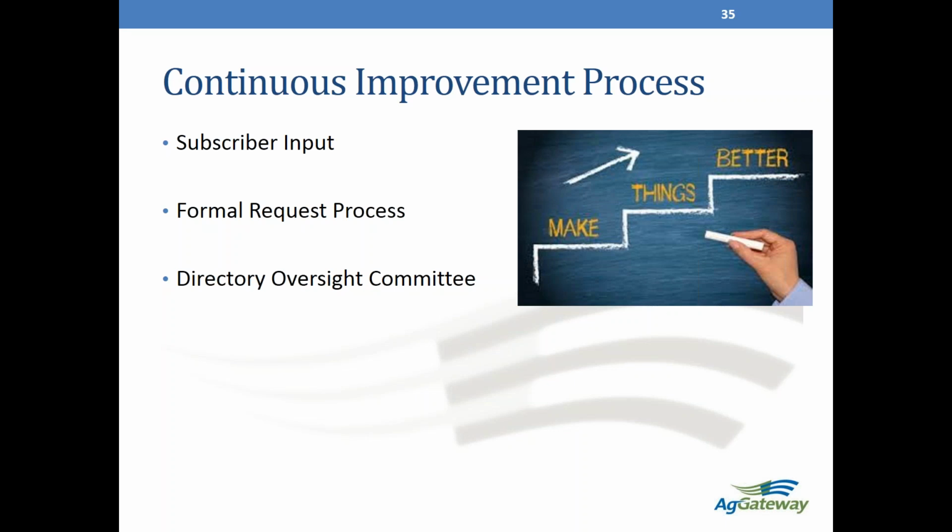We also have a directory oversight committee within AgGateway that oversees the directory. And this would be everything from enhancements to the system to associated business rules. This group is represented from every council within AgGateway. They meet twice a month and they discuss the business of AGIIS.